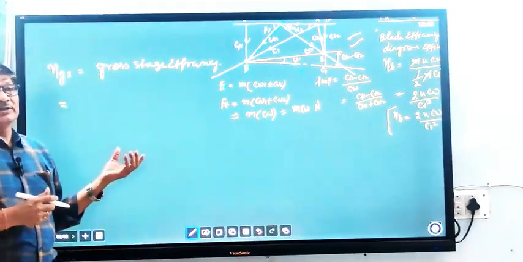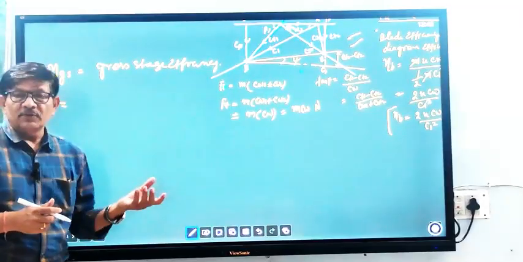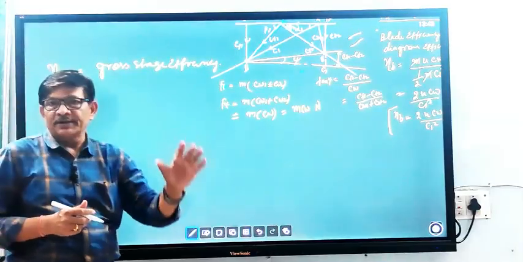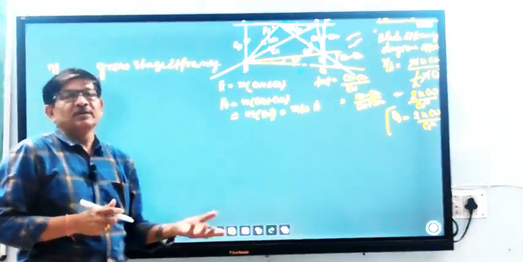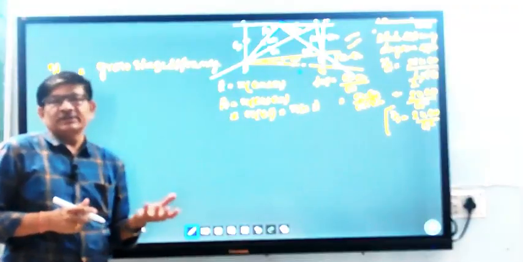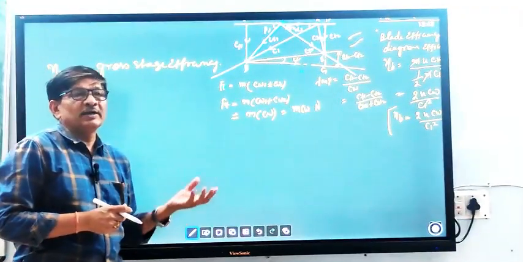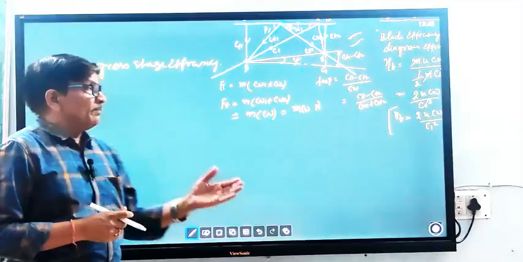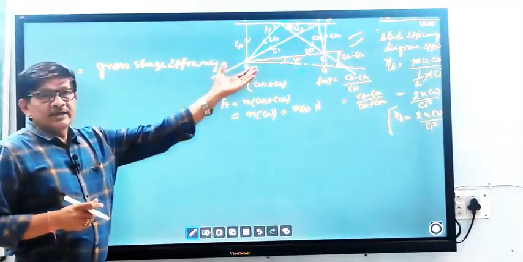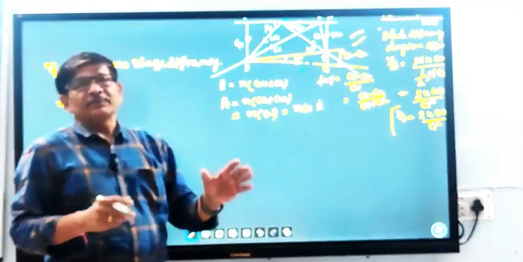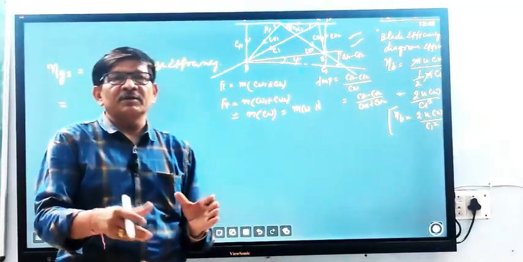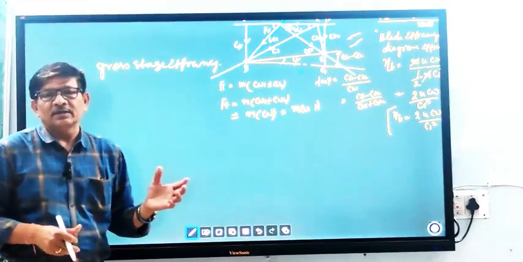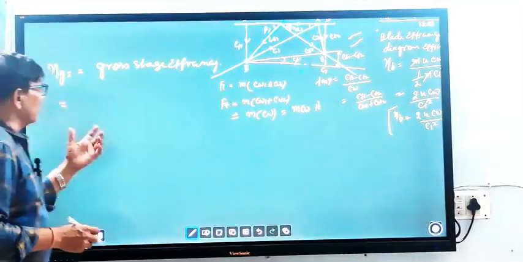One fixed blade, that is a nozzle, and one moving blade make one stage of the steam turbine. So while steam is passing over one stage, it performs work, and for performing that work, a certain enthalpy drop takes place, generally in the nozzle. That ratio is known as the gross stage efficiency.